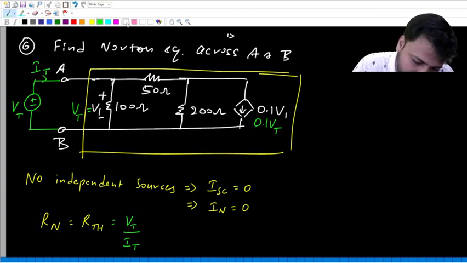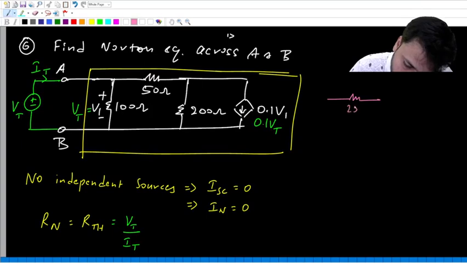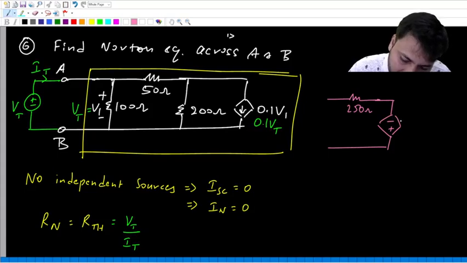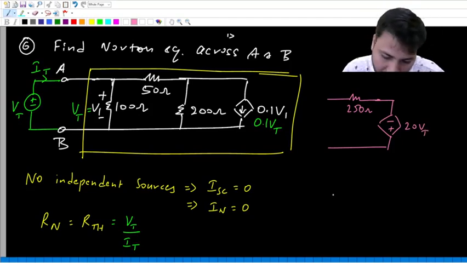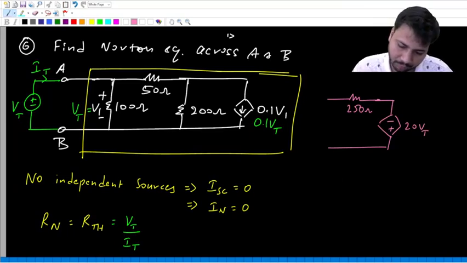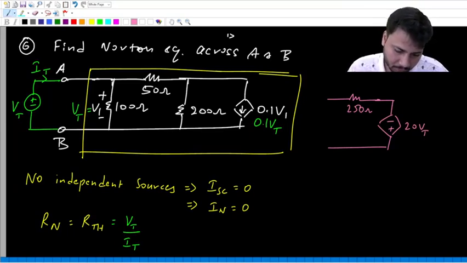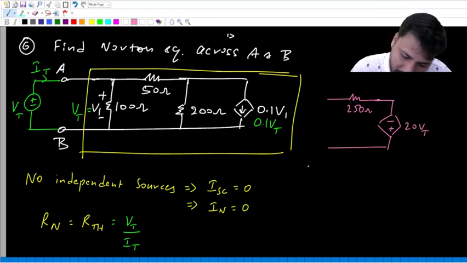So it will look something like this: a 250 ohm resistor in series with a dependent voltage source of value 20 VT. I think this is good enough, right? Yes.